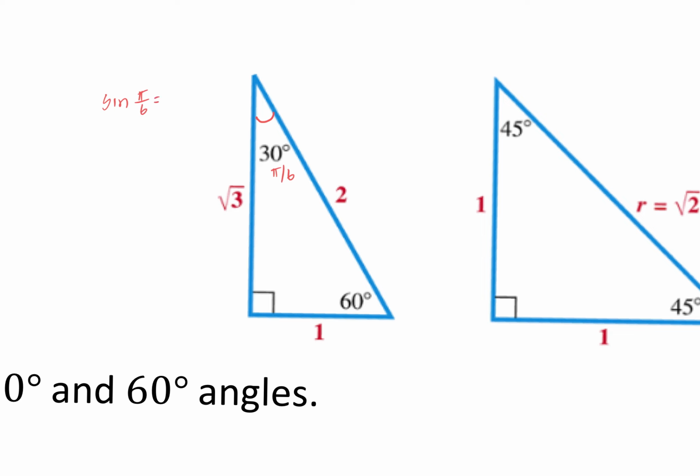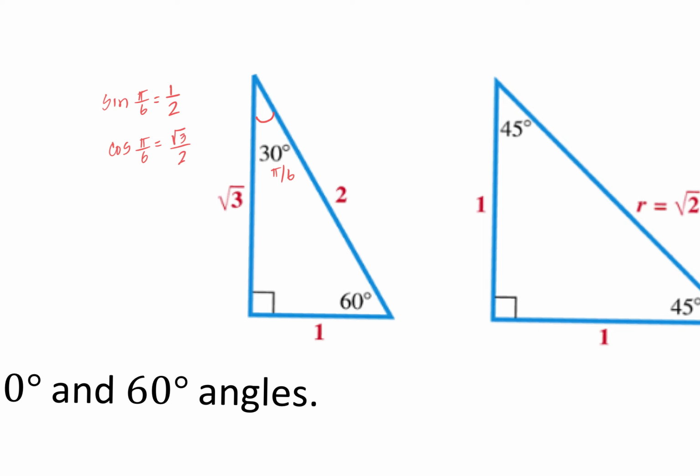In the first quadrant, that's 1/2. And that's because it's the opposite side with respect to the angle 30 degrees, which is 1, over the hypotenuse, which is 2. Cosine of 30 degrees, or pi over 6, would be adjacent, square root of 3, over hypotenuse, which is 2. Now that's where those pi over 6, pi over 3 values come from on our unit circle.